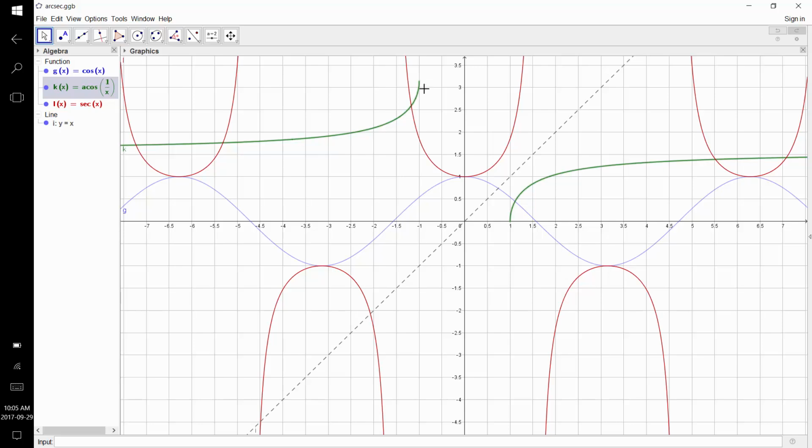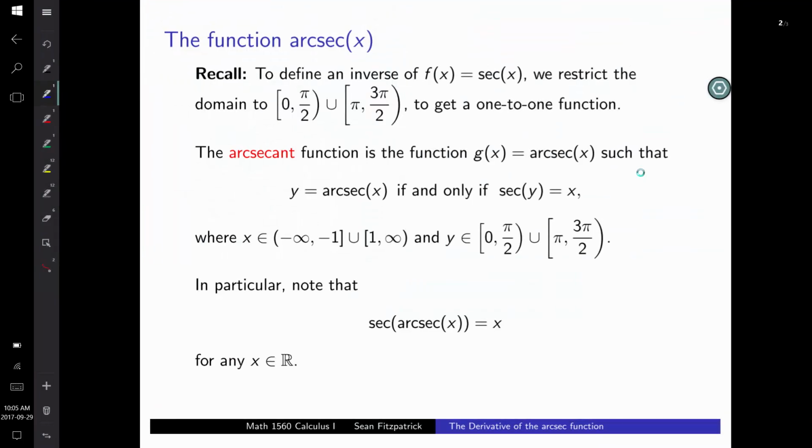That gets reflected across and becomes this. This turns out to not be the definition that works well for calculus. It turns out that for the negative part, we want to take this half going from pi down to 3 pi over 2. That's the better one to take for the inverse secant function. You'll see why when we calculate the derivative. So let me jump back to our slides.